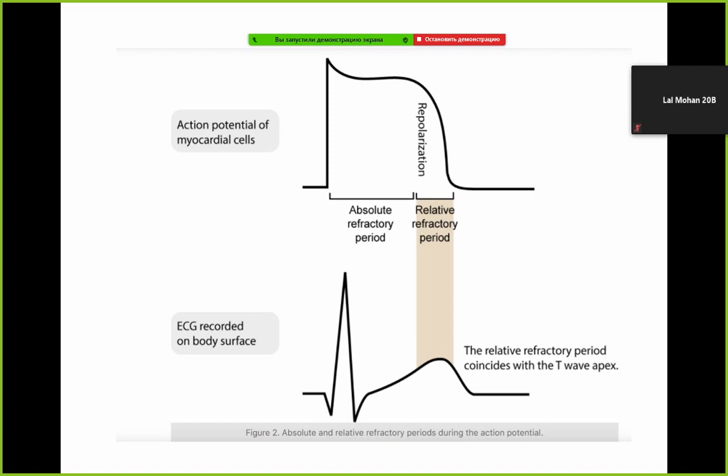This phase has traditionally been described as a vulnerable phase during the cardiac cycle, because electrical stimulation during this phase may evoke another action potential, which can lead to potentially life-threatening ventricular arrhythmias, for example, ventricular fibrillation. This occurs occasionally in clinical practice.